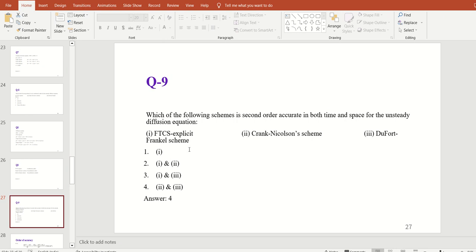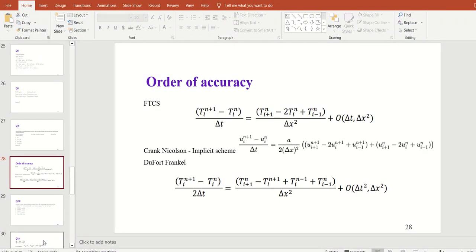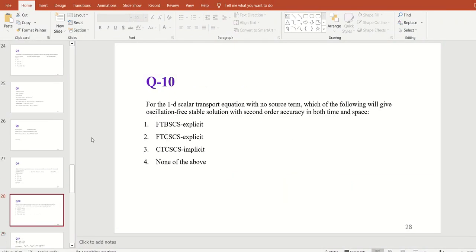We already saw that forward time central space explicit is first order in time, whereas Crank-Nicolson and Dufort are second order in time. Space, all three are second order in space. So the answer is 2 and 3. We can say that Crank-Nicolson scheme and Dufort-Frankel schemes are both second order accurate in time as well as in space. So we'll just delete this.